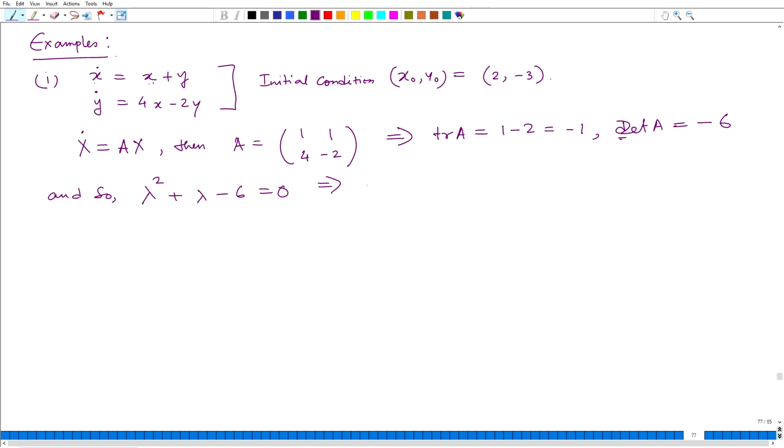From that we can write lambda is equal to 2 and minus 3. So, we have the case of distinct roots. We can proceed without problem, because we know that the two eigenvectors V1, V2 will be linearly independent.